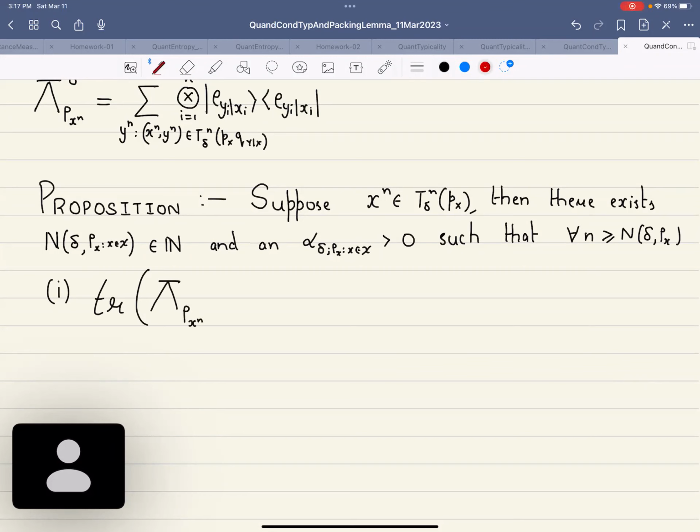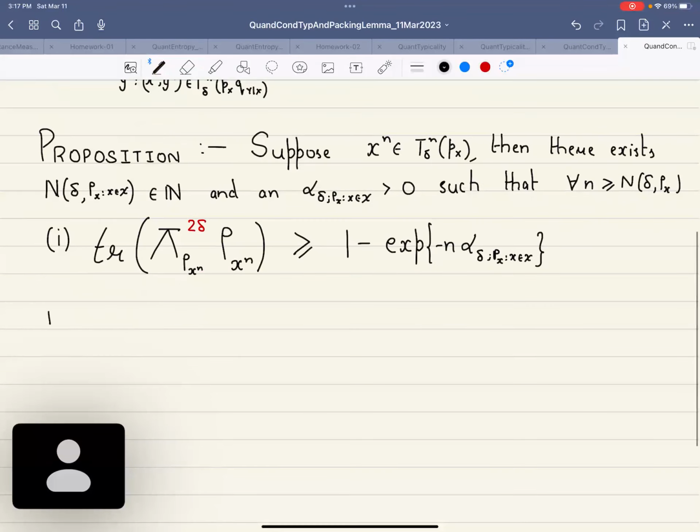So this is where I meant the 2 delta. The 2 delta comes here. What I'm just saying is that this exponent depends on the entire collection. That's all I'm saying.